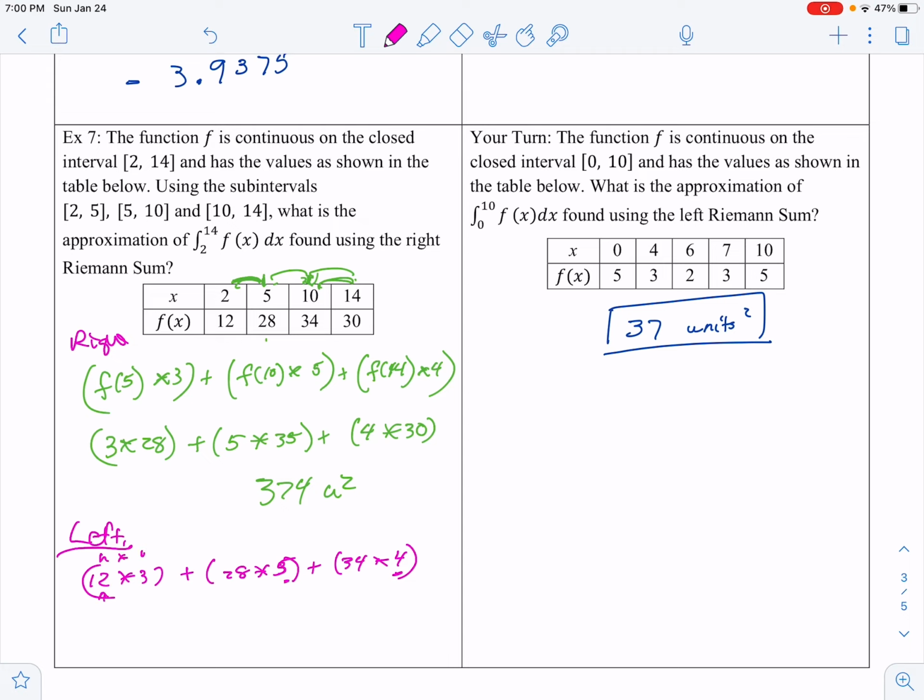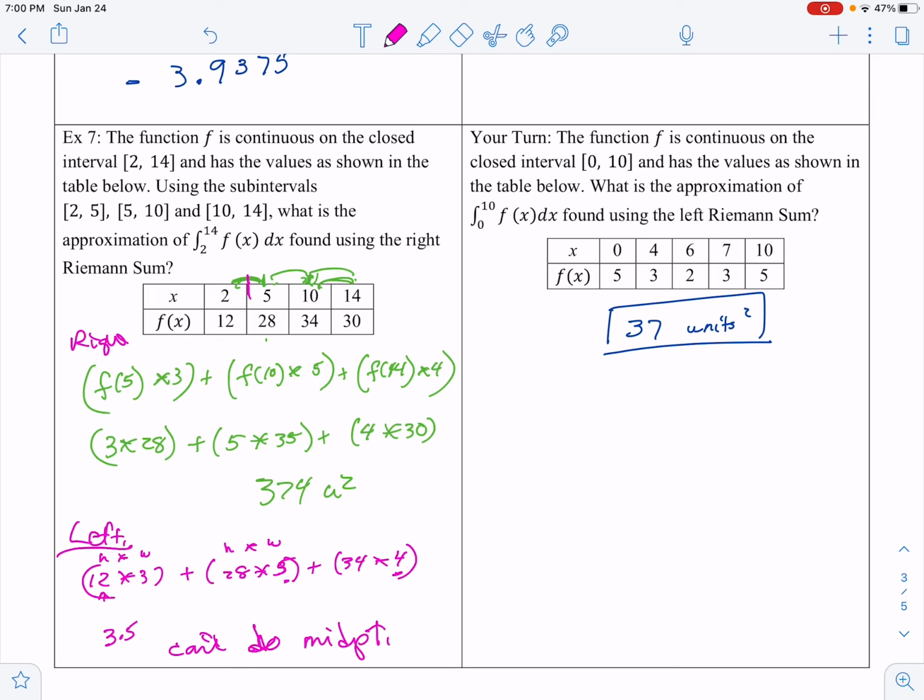H and W. Okay? I don't know what the answer to that is. This one we couldn't do a midpoint because the halfway in between would be, what, 3.5? And we don't have a y value for it. So we can't do the midpoint.